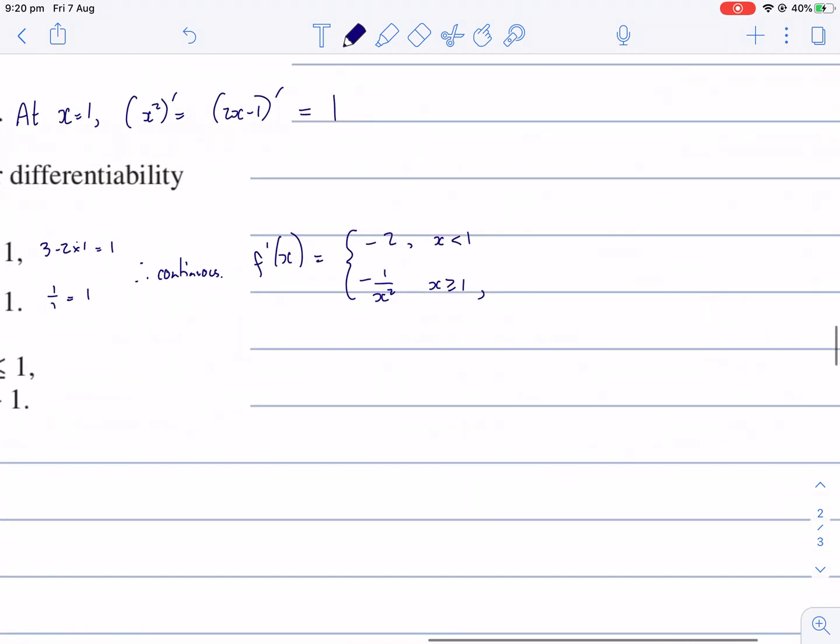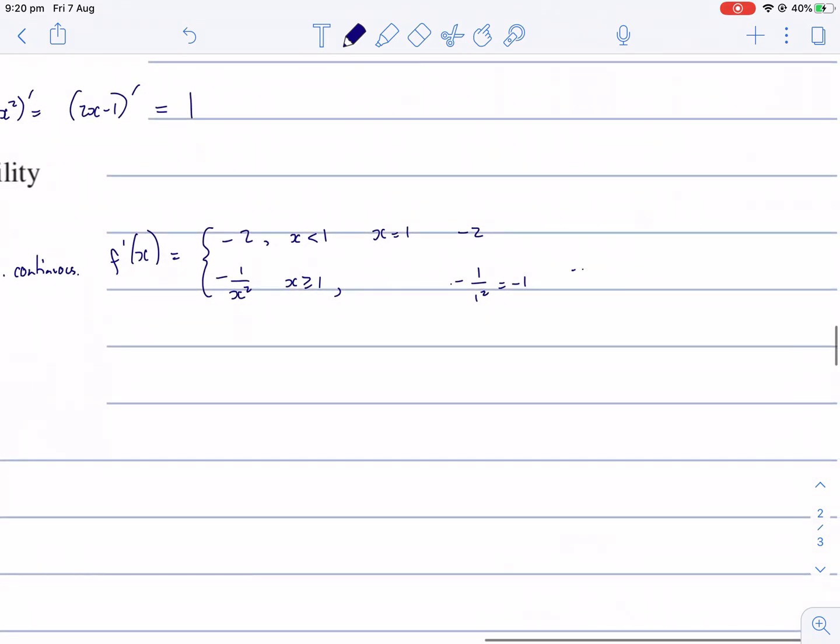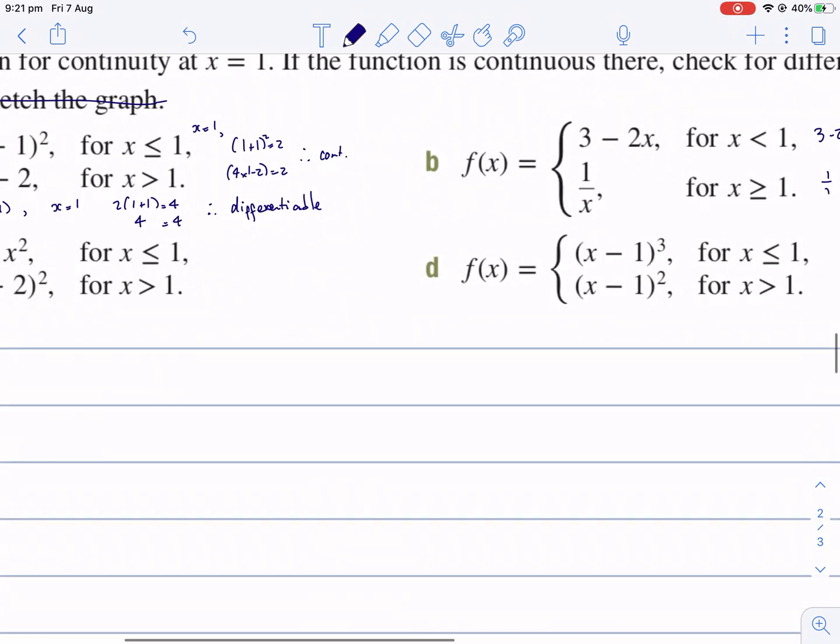We've got negative 2, we've got negative 1. So these came out different, so it's not differentiable. We'd have something weird going on.